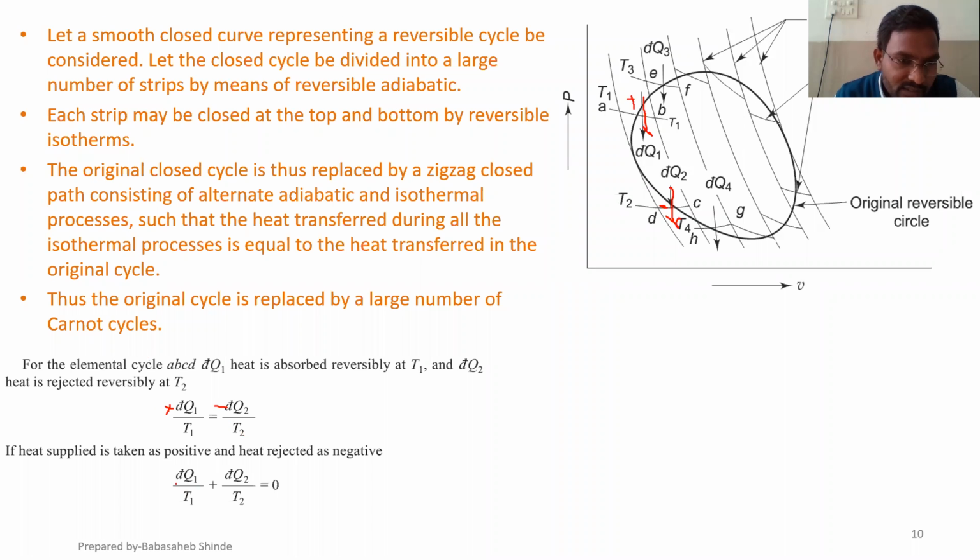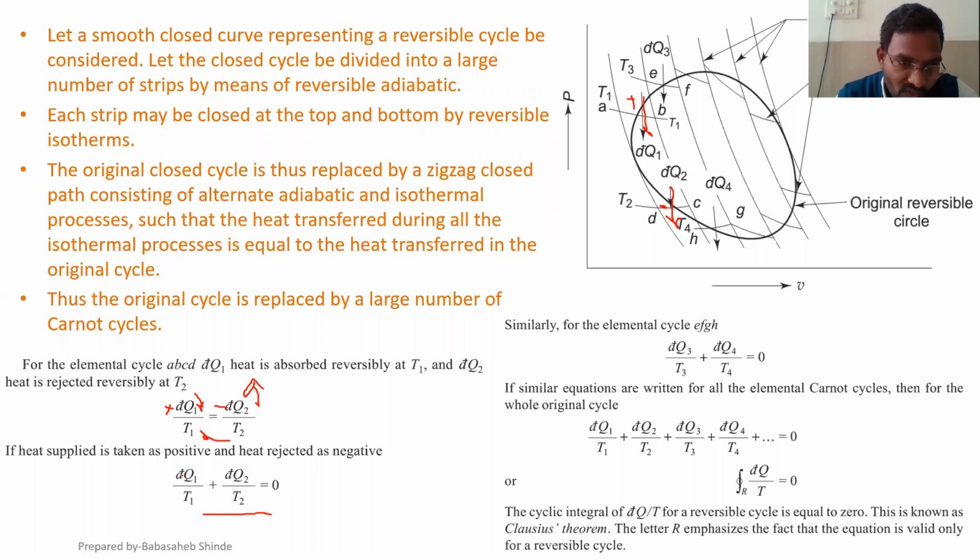So I can write dq1 by T1 equals dq2 by T2 with a negative on the right-hand side, so I'll shift it to the left. That becomes dq1 by T1 plus dq2 by T2 equals 0. I have just rearranged the terms by considering the sign convention for heat entering and leaving the system.